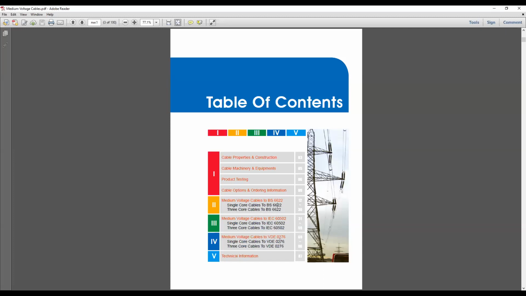They haven't mentioned that standard. So we can stick to these two. Earlier I did the design using the IEC 60502 standard, so let's go to that standard. Page number 31.